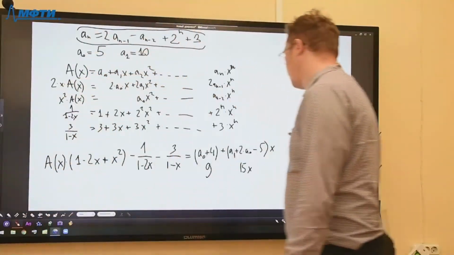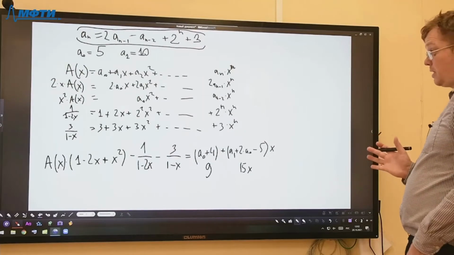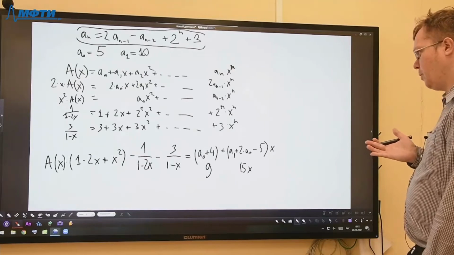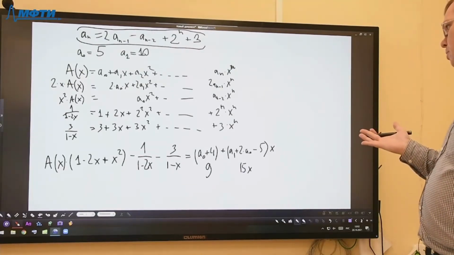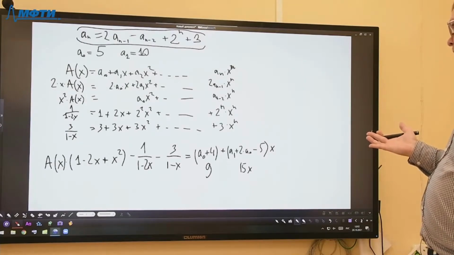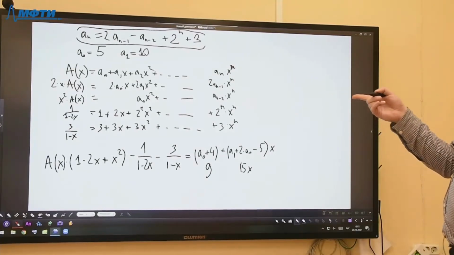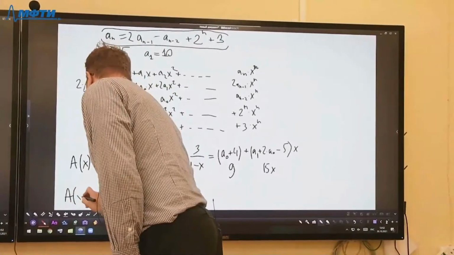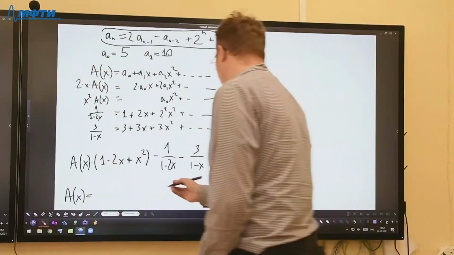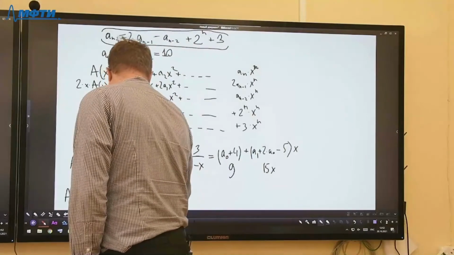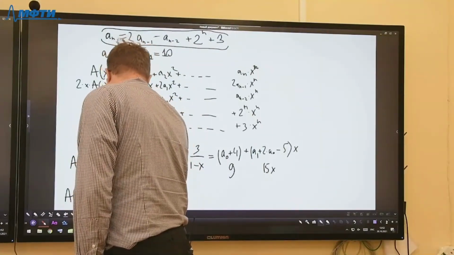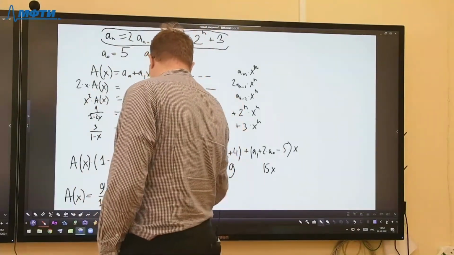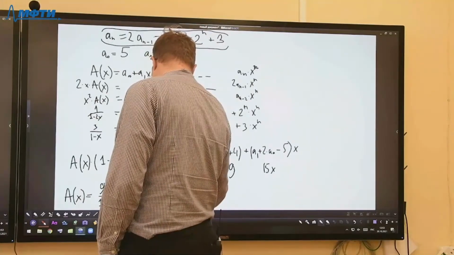Okay, so we have a simple expression, but now we have maybe a little problem, because if you want to write this in a short way, then we need to divide this by 1 minus 2x plus x squared, and then we can find a of x, but the expression will be maybe not as simple as we want. So it will be like 9 plus 15x over 1 minus 2x plus x squared, but here we'll have something like this.